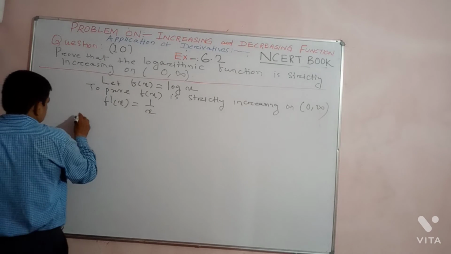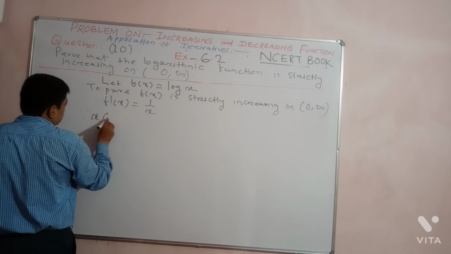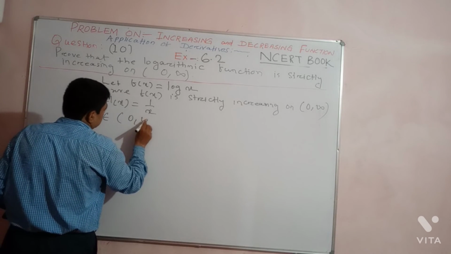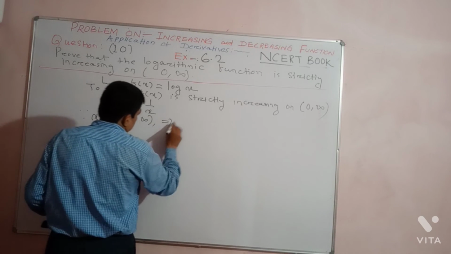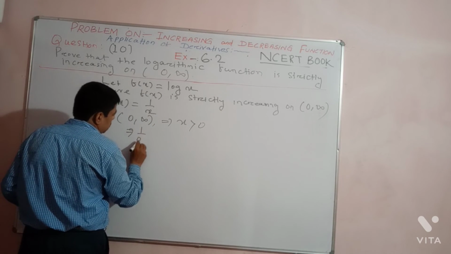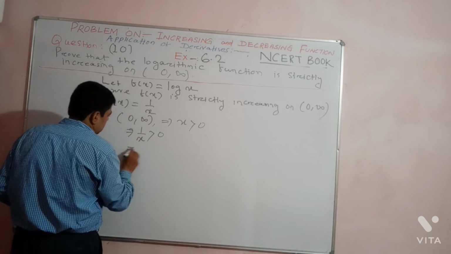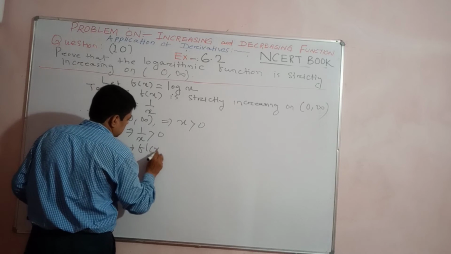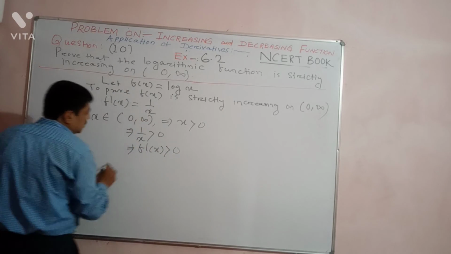Since x belongs to 0 to infinity, that implies x is greater than 0. So that implies 1 by x is also greater than 0. That implies f dash x is greater than 0. Understand?